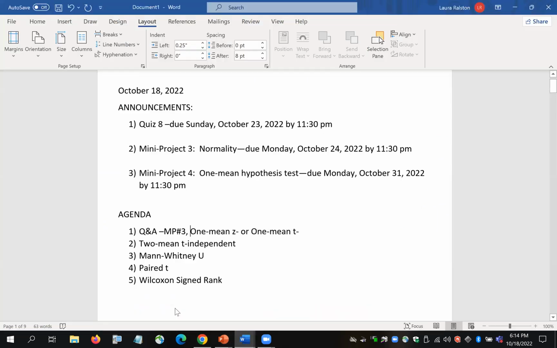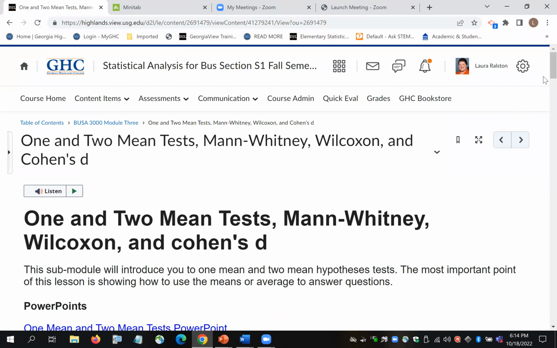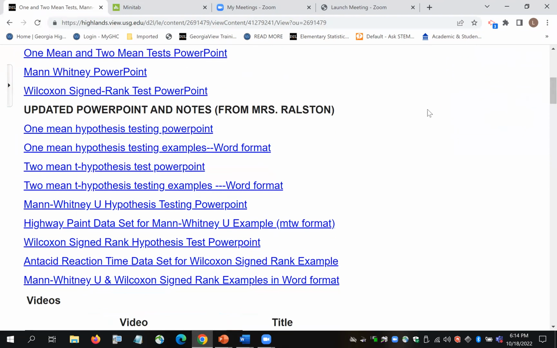Okay, but I've posted on that page PowerPoints for 2 mean t independent test and the paired t-test. There's one for Mann-Whitney U and one for Wilcoxon signed rank. So there are 3 different PowerPoints. There are also Word documents. Last week we had the 1 mean hypothesis testing PowerPoint and the examples in Word format.